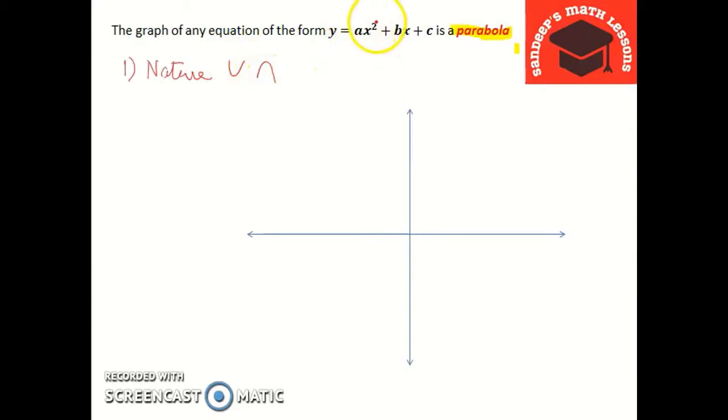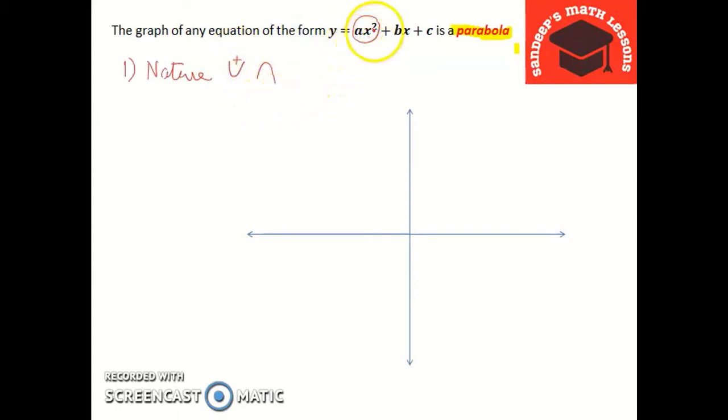Remember, the coefficient of x square tells us whether the graph will open upward or downward. If the coefficient of x square is positive, like positive 2x square or just x square, that means the graph will open upward.